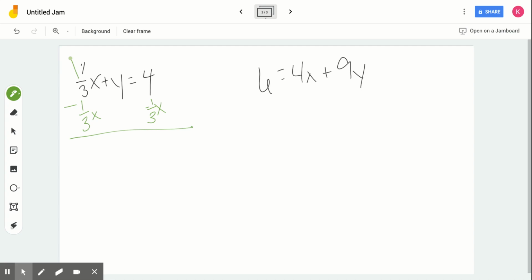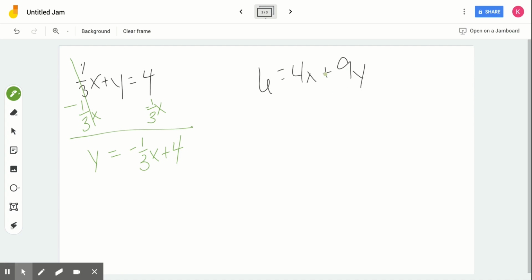When we do this, it will cancel and we're left with y equals negative 1/3 x plus 4. This 4 is a positive, so we're going to keep a plus sign in front of it. Now, we have y all by itself, so at this point we are finished with this equation because that's what they're asking for us, just to get the y by itself.